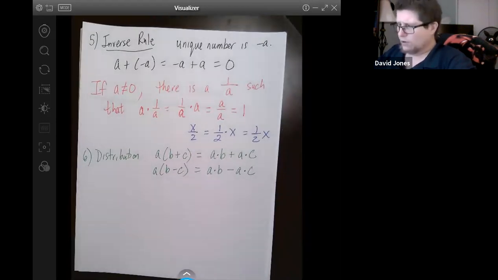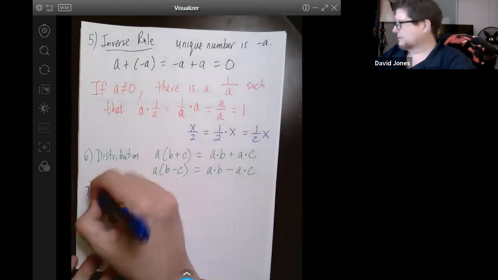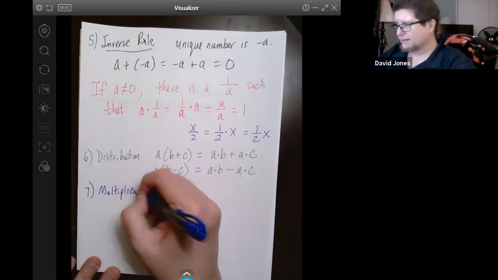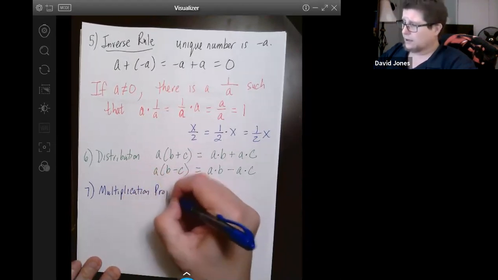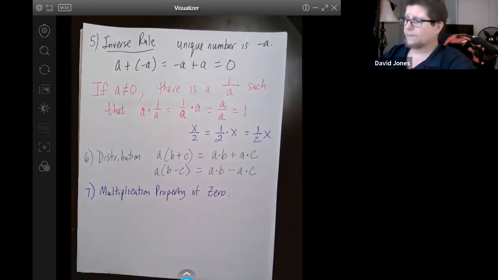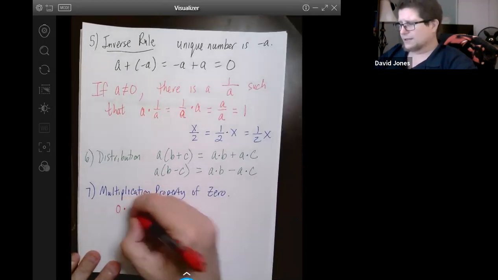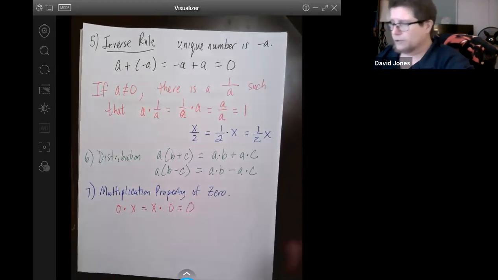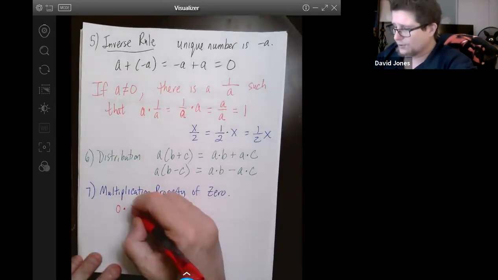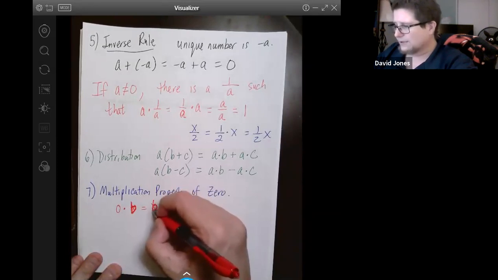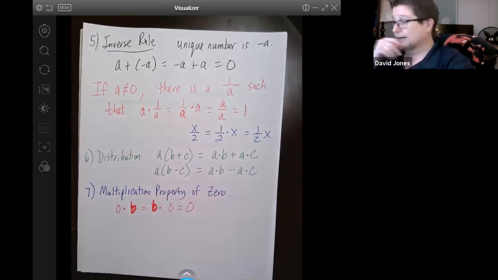And one more, and this might seem trivial, but we have the multiplication property of 0. Zero times a number is the same thing as the number times 0, which is 0. Wait, we were using a, b, and c, so maybe I should change this. Tired of using a, so let's make this a b. 0 times b is b times 0, which equals 0.